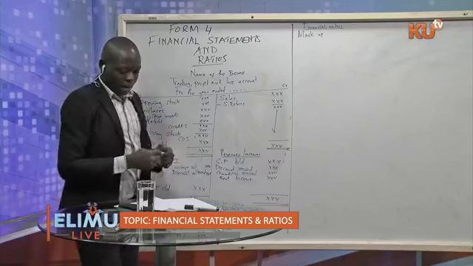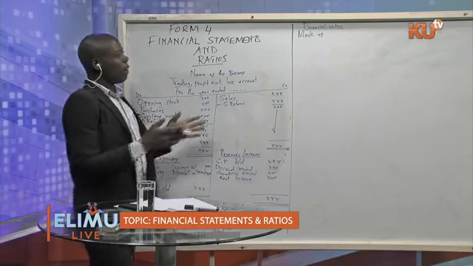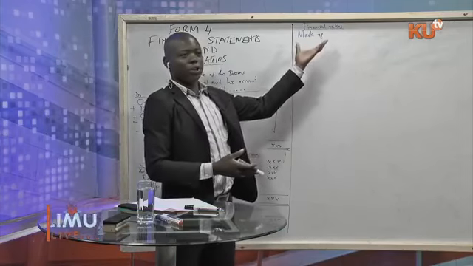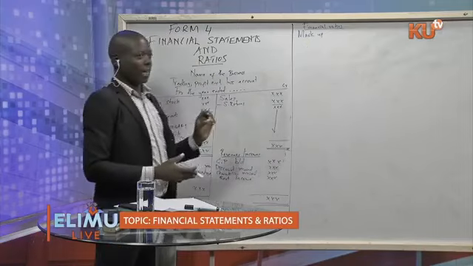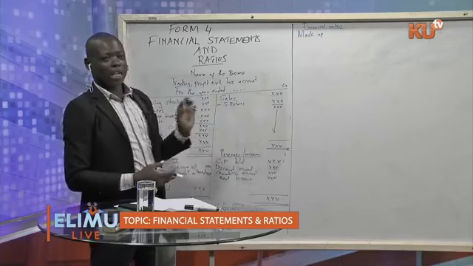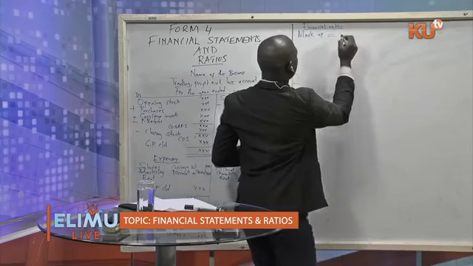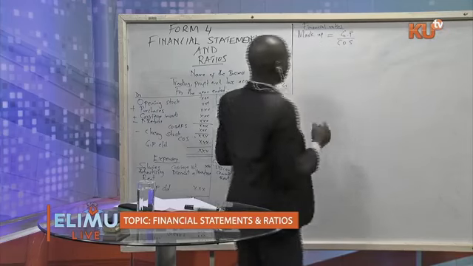So how do we calculate markup? The explanation of markup as a financial ratio is simply a ratio of the gross profit to the cost of sale. We express markup either as a percentage or as a ratio. Therefore, when calculating markup, we use the formula gross profit over cost of sale.